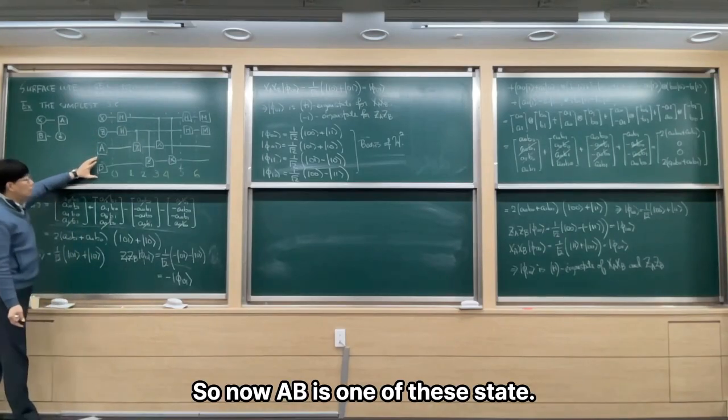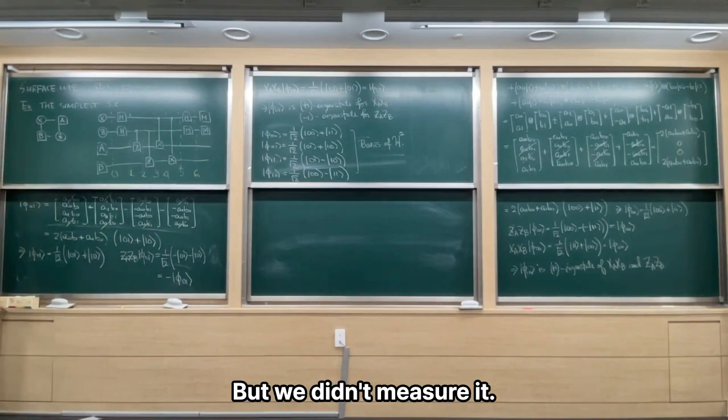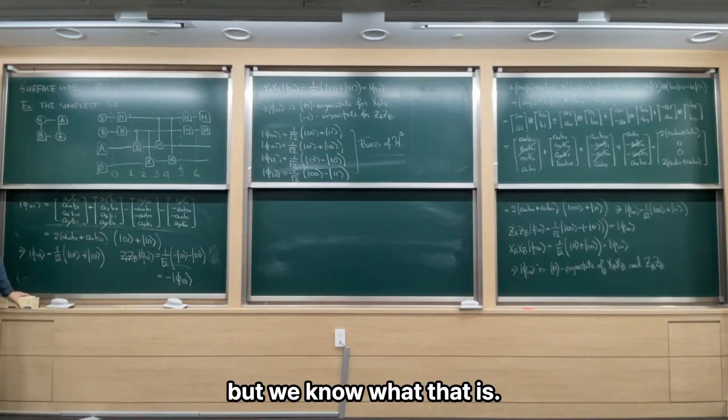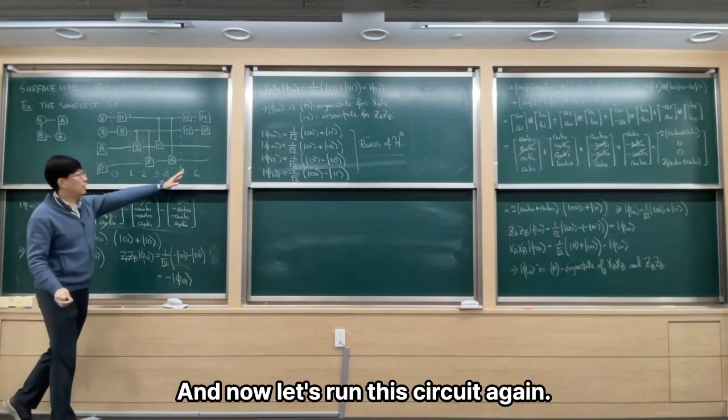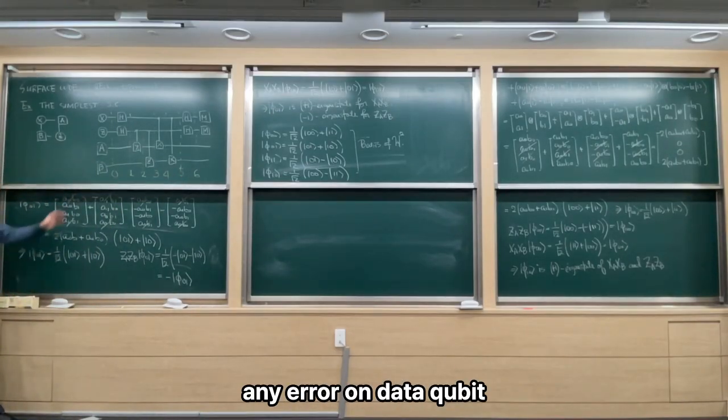So now AB is one of these states, right? But we didn't measure it. That's the catch. We didn't measure it, but we know what that is. And now let's run the circuit again. If there's no error, or any error on data qubit A or B, what will happen?